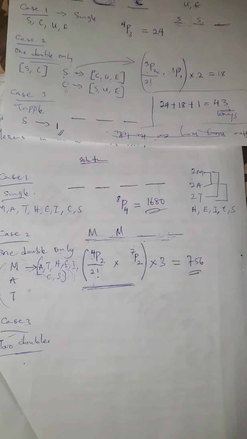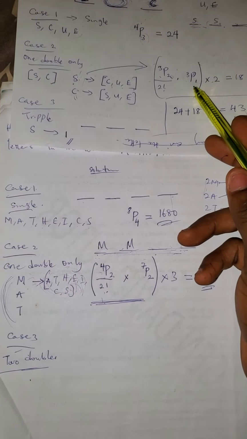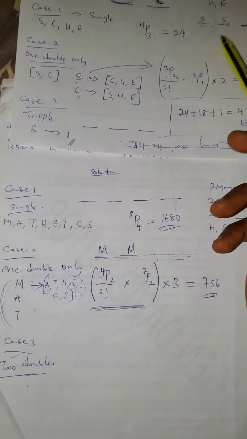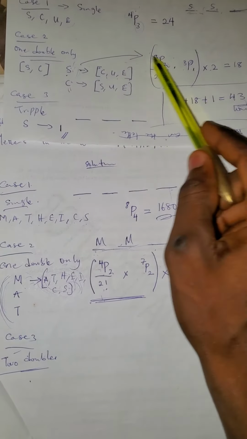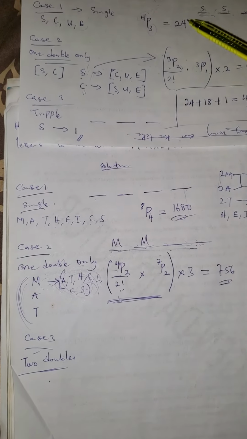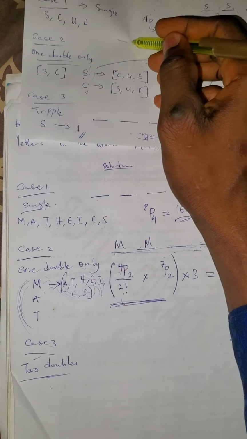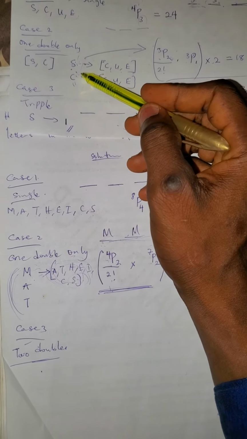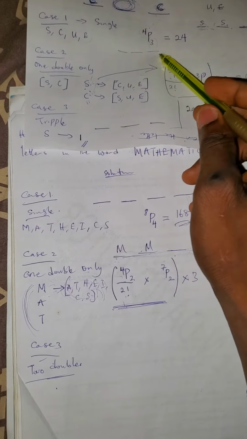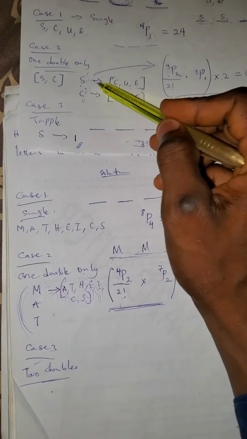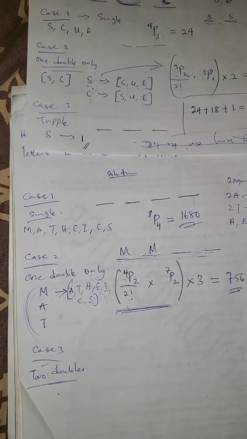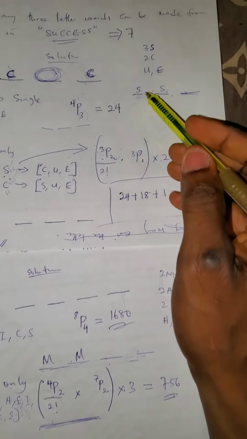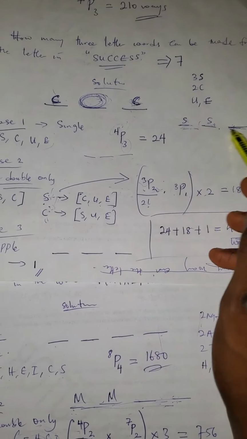Now, the same thing is applicable to this. Don't forget, we fill the space for this case 2 here. This one is talking about 3 spaces. So when we did it for S alone, how many spaces are we looking for? We are looking for 3 spaces, 3 letters.